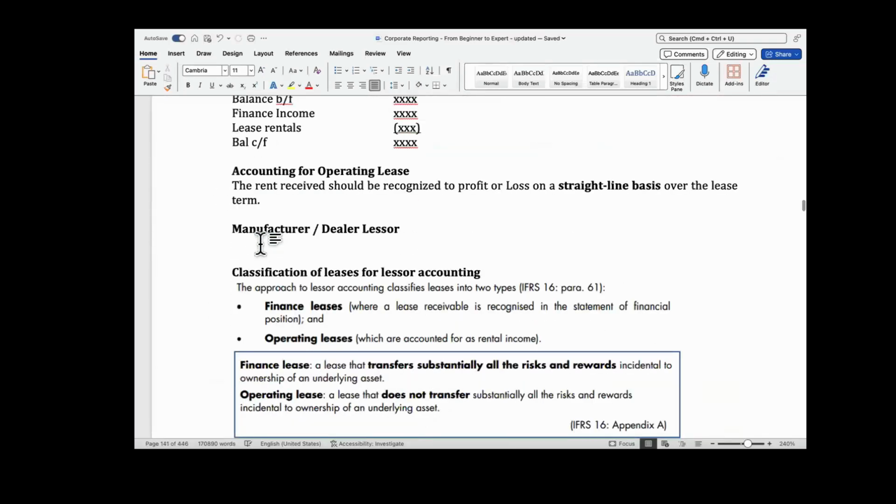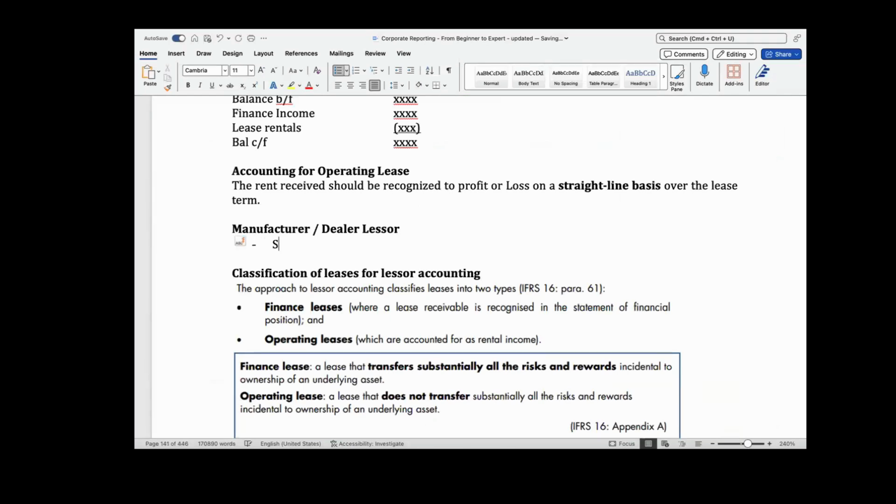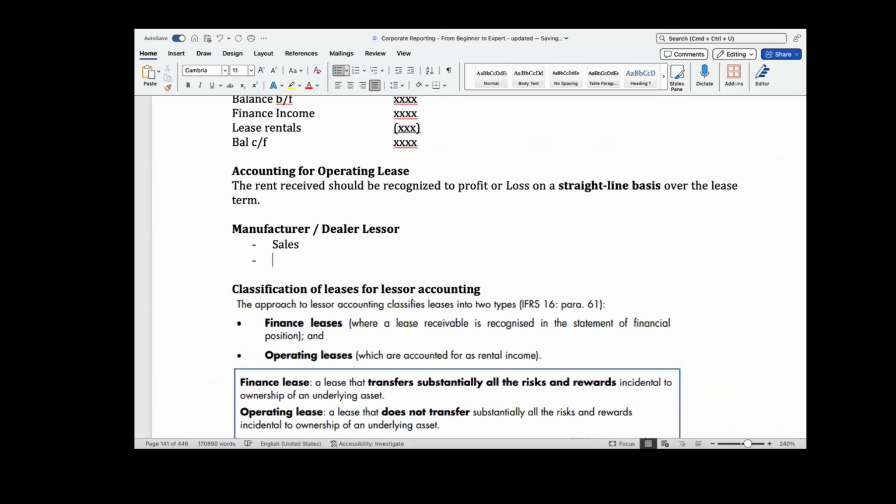And when I say assume that you have sold, it means he needs to recognize sales and also cost of sales in its P&L relating to that asset. He needs to recognize an actual sale: okay, I've sold this asset.